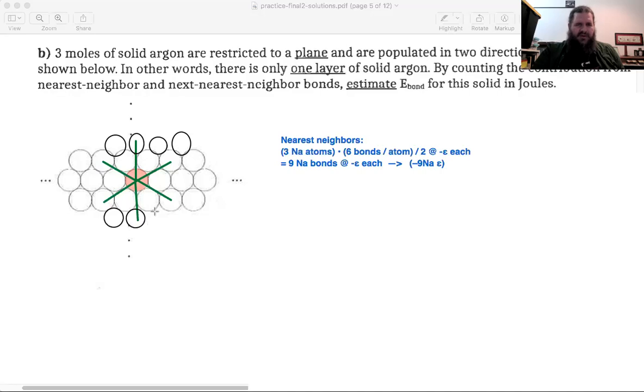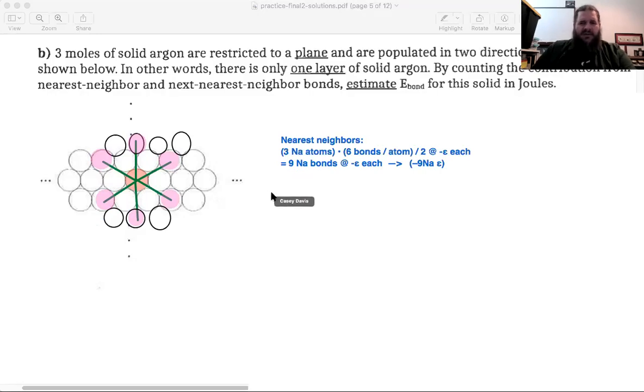So it looks like we actually have 6 second nearest neighbors: this one, this one, this one, this one directly below, this one off to the side.